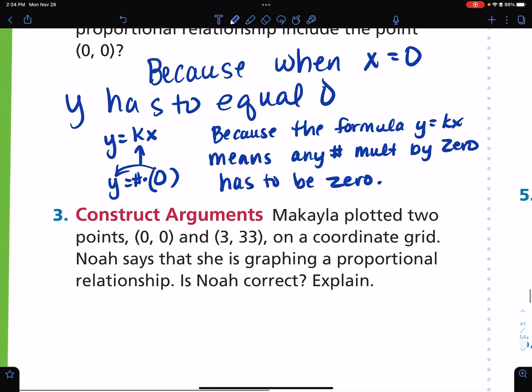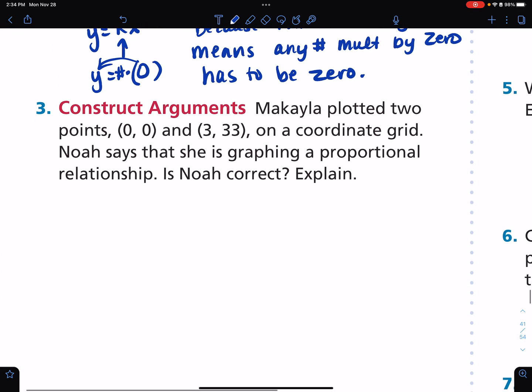Now, we're going to go to number 3. Michaela plotted 2 points, 0, 0 and 3, 33 on a coordinate grid. Noah says that she's graphing a proportional relationship. Is Noah correct?